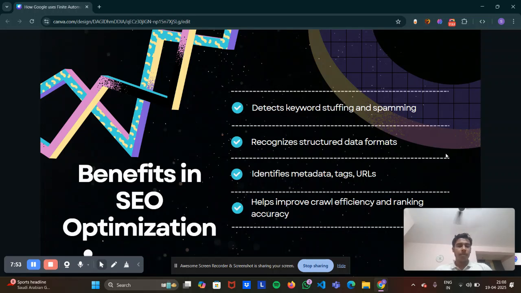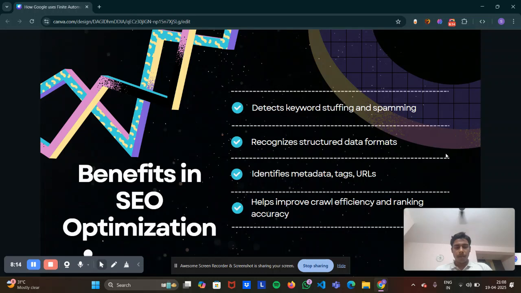Now, let us talk about the benefits in SEO optimization. The finite automata directly contributes to search engine optimization. Google uses finite automata to detect bad SEO practices like keyword stuffing, repeating the same word unnaturally many times.